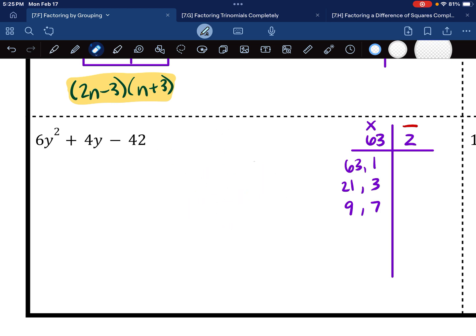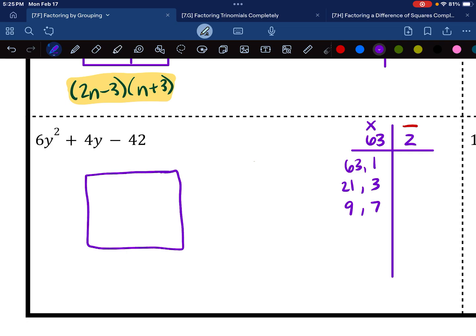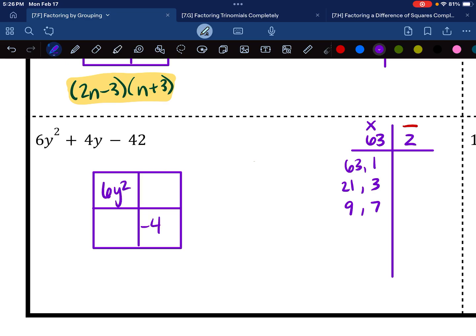All right, when you go to take out the GCF, okay, these are huge numbers for one thing, right? 6 and 42 is going to be bananas to try to find the factors of. Let's see. Should have planned better. So I'm looking for what multiplies to make 252 that subtracts to make 4. Holy macaronis.